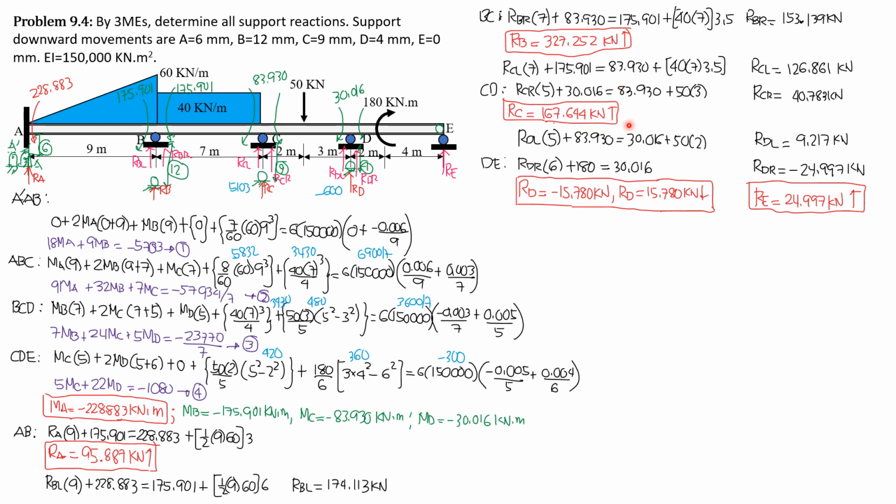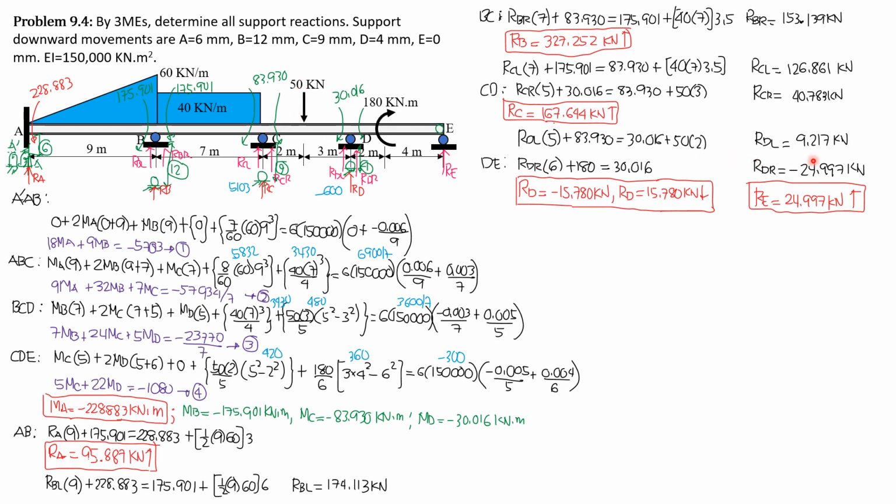That's upward, that's not tension. Then, sorry, for CD, summation moment about C equals 0, so RD left times 5 plus 83.93 equals 30.016 plus 50 times 2.